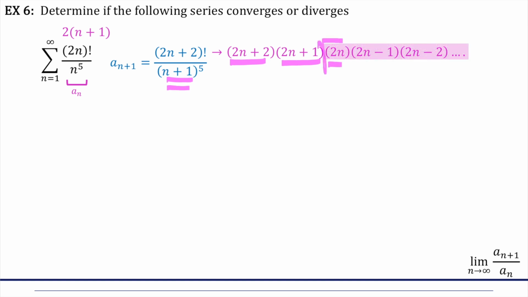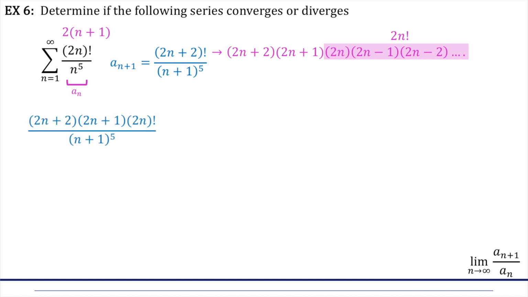And from here on out, 2n and down, that's the same thing as 2n factorial. So we'll rewrite that as 2n plus 2 times 2n plus 1 times 2n factorial all over n plus 1 to the 5th. And we'll multiply that by the reciprocal of our a sub n term.